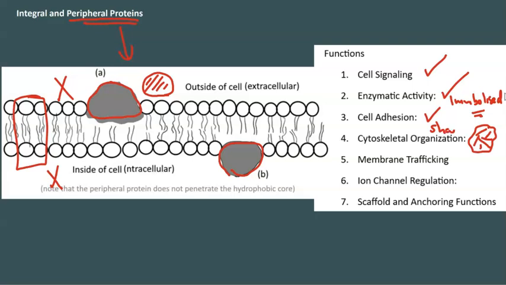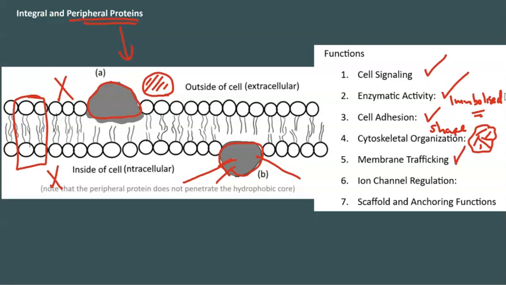So think of cell shape for this. And they attach to the peripheral proteins as a way of anchoring themselves. So these cytoskeletal protein molecules might anchor themselves in this way, holding the membrane into a particular shape.